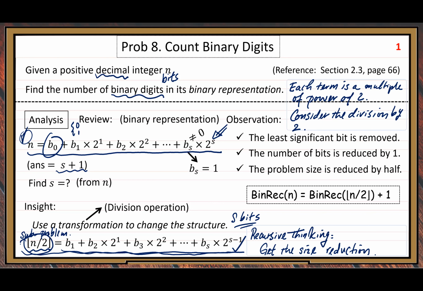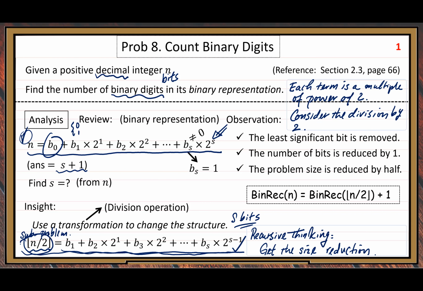Here I call it bin rec, recursive binary, bin rec of n. This function gives us the number of bits, but in a recursive way.